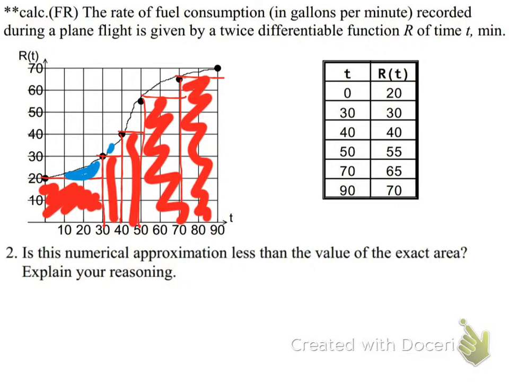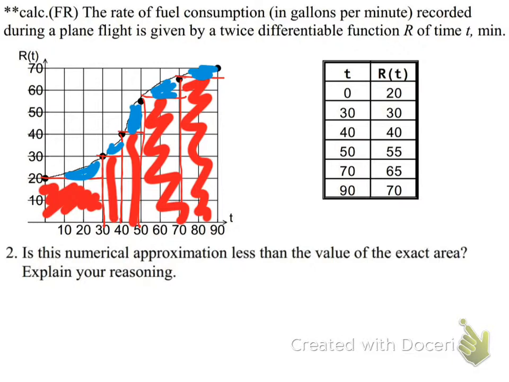There's a difference here, here, here, here, and there. And that is significant to note, whether this is going to be an over approximation or an under approximation. In this case, 3,700 gallons is going to be an under approximation because I am under the actual, or the exact, area.